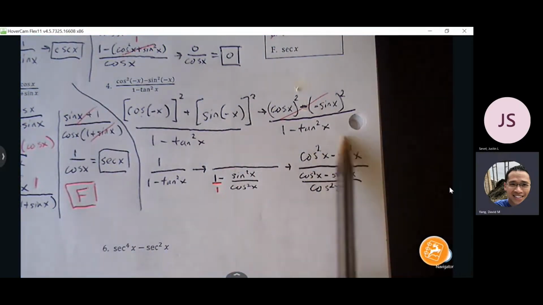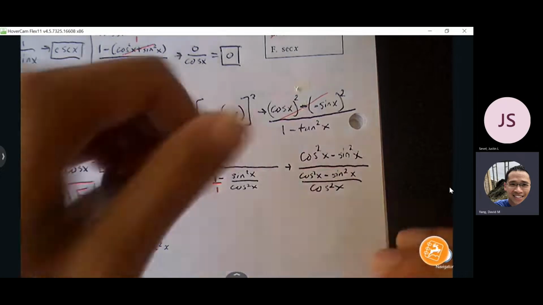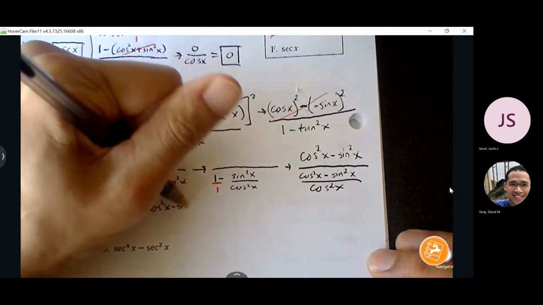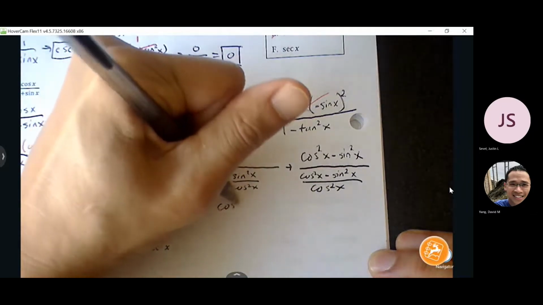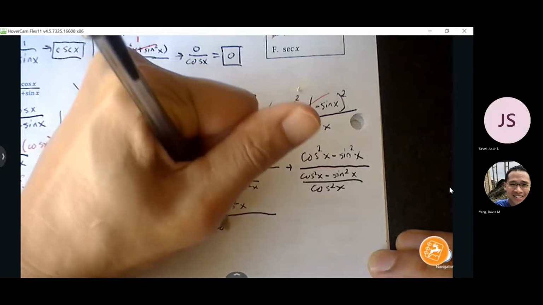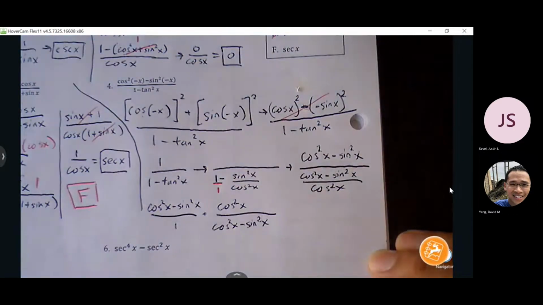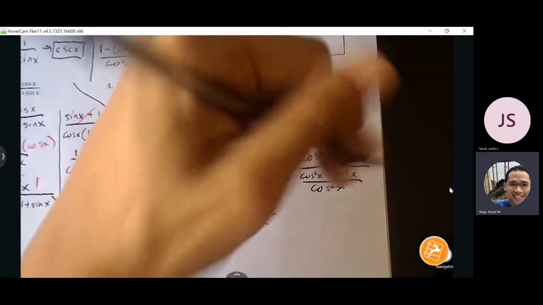Now I can divide this cosine squared minus sine squared by this expression. Dividing by a fraction is the same thing as multiplying by its reciprocal. Cosine squared minus sine squared goes away. I'm left with cosine squared over 1.